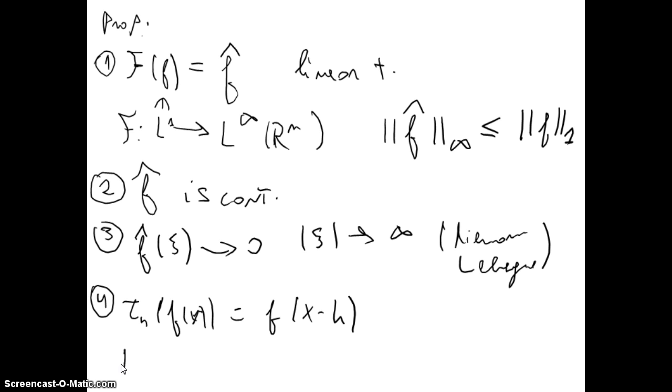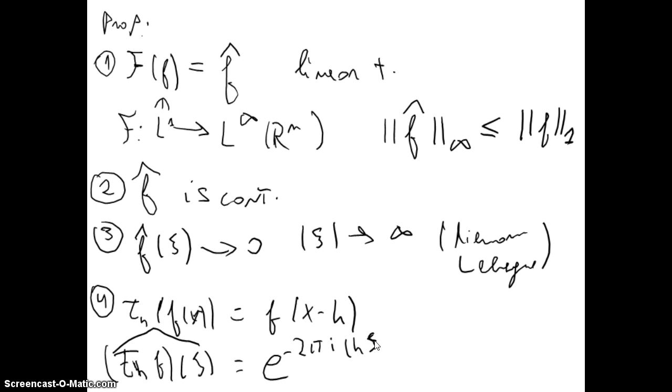The transform of tau h f at psi will be equal to e to the minus 2 pi i h psi multiplied by the transform of f at psi.